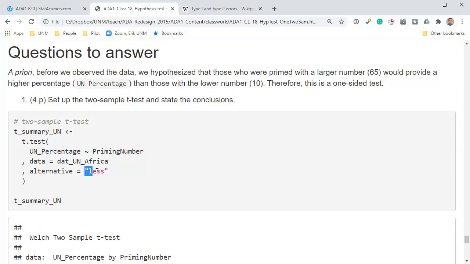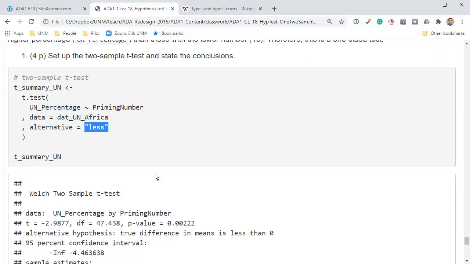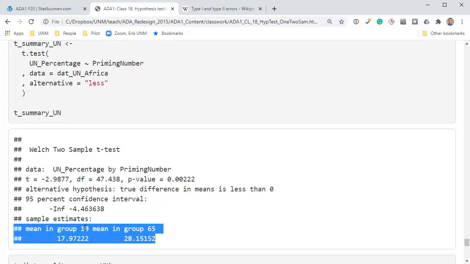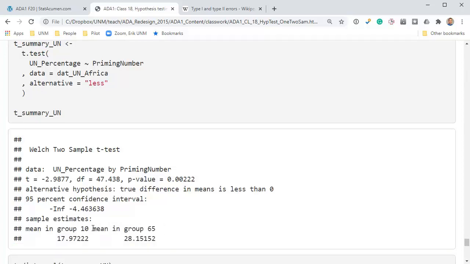And our alternative is less. After we get that result and report it, we need to double check the order that the groups appear in the output to determine what alternative to use.